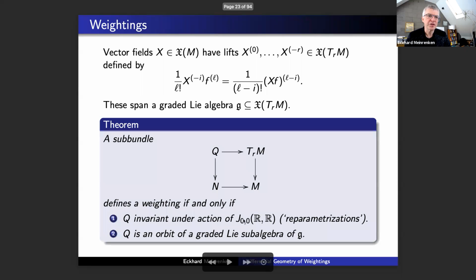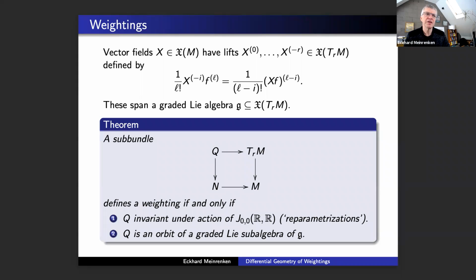And here's then our answer. A subbundle of the rth tangent bundle corresponds to a weighting if and only if two things are true. First of all, it has to be invariant under reparametrizations of curves. On the rth tangent bundle, one has an action of R, as I explained, by rescaling of curves, but there's a bigger monoid acting by reparametrizations of curves, and it has to be invariant under that.